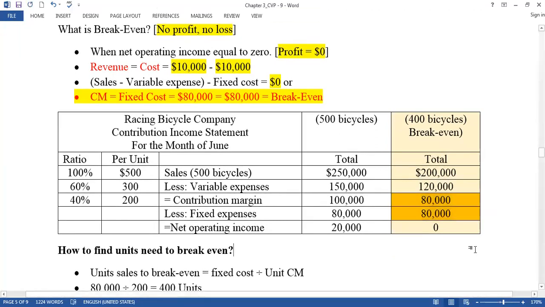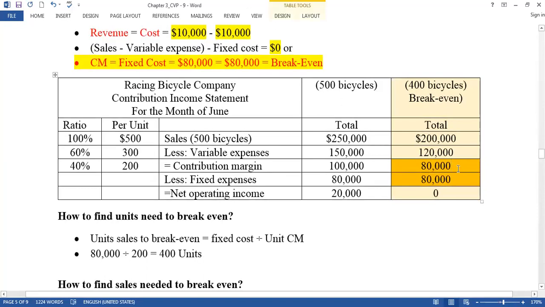This is CM and this is fixed cost, and these two numbers are similar. When these two numbers are similar, then the difference is 0. 0 means break even point. Clear?